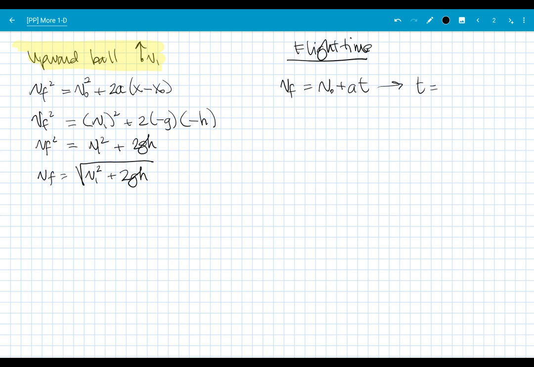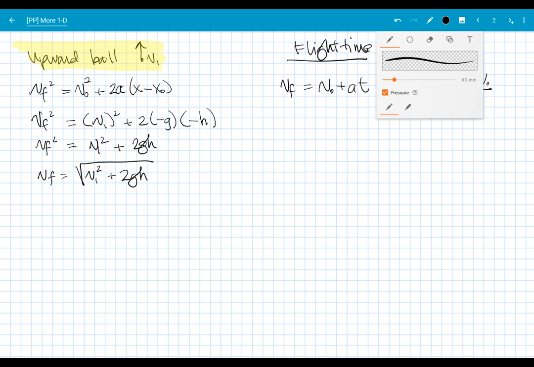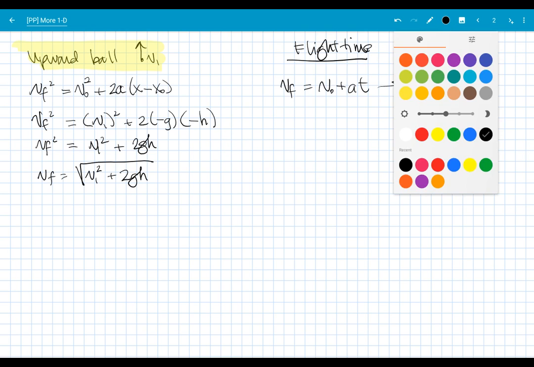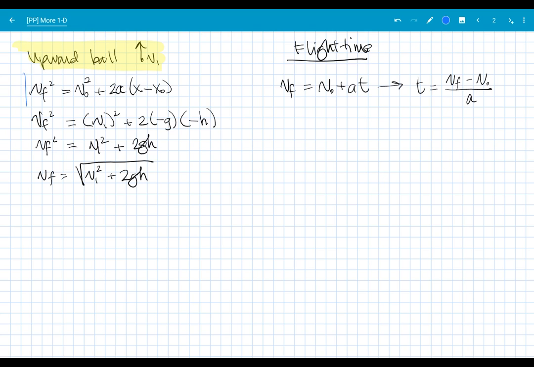If I solve that for time, I get time equals V final minus V initial over a. Again, that's my general equation. So my general equations are this one right here, and then these are also general. It's before I have popped in any values for this particular problem. I've chosen my equations, but that's it.